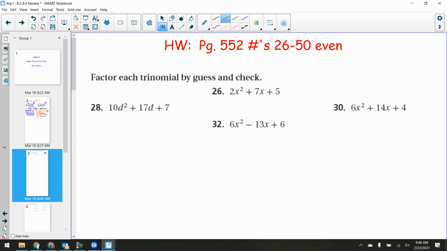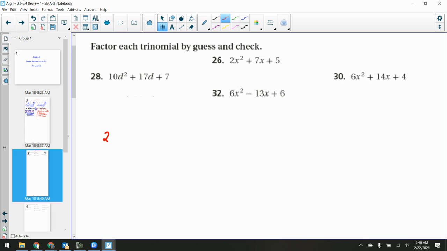All right. Are there any suggested problems that we'd like to do out of that one? 26. Okay, let's do 26. Factors of 10 that add to get to 7. Oh wait, I just multiplied 2 and 5 together. Those add together to get 7. So we say 2x squared plus 2x plus 5x plus 5.